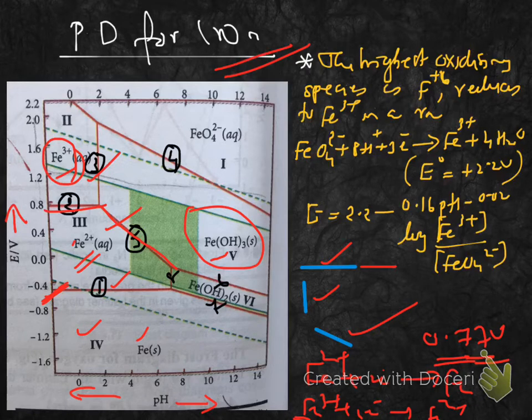Below 0.77, Fe2 plus is found to be the species. So from minus 0.44 to plus 0.77, Fe2 plus is the predominant species in highly acidic medium. Line 3 actually represent an equilibrium between species of the same oxidation number Fe3 plus and FeOH thrice.